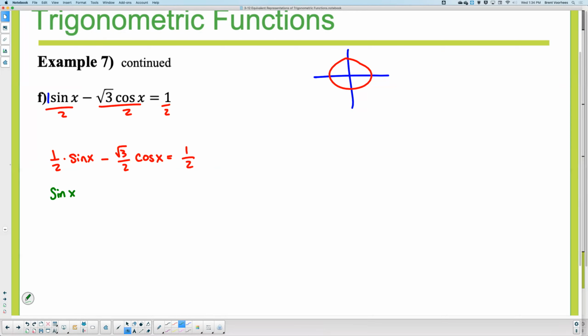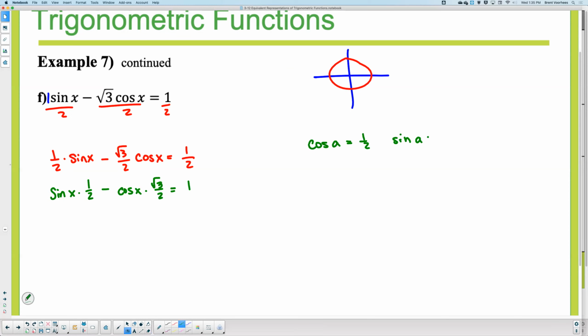So this is sine, that's the A. This is the cosine of B minus, this is the cosine of A. We don't know what A is. Times the sine of B. Now, what is my angle? What would have a cosine of 1/2? I'm going to use a different variable. Cosine of 1/2 and a sine.